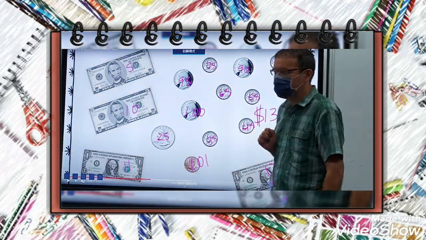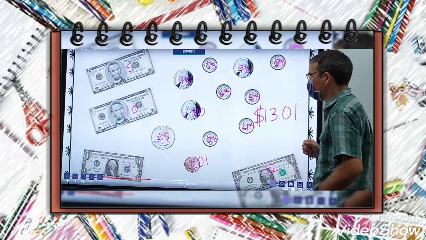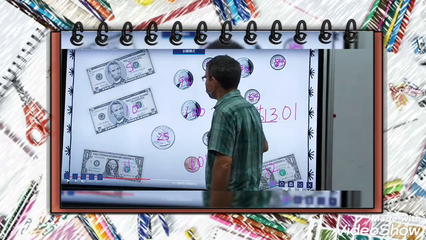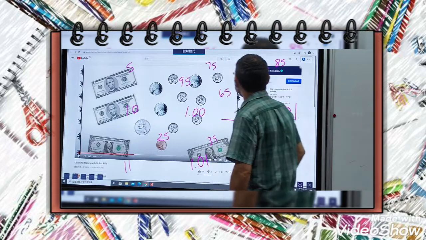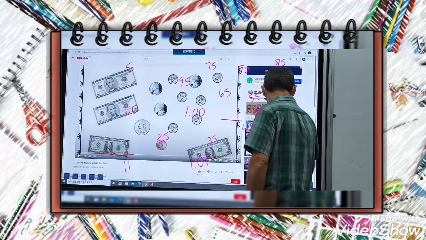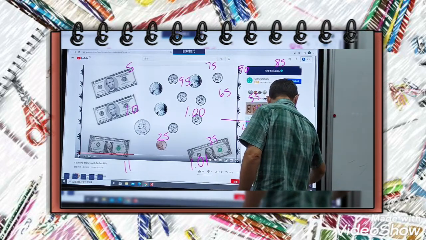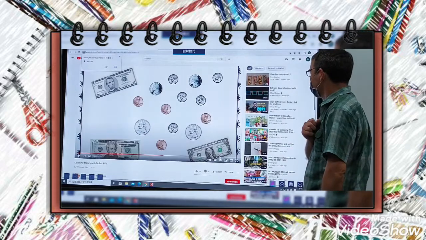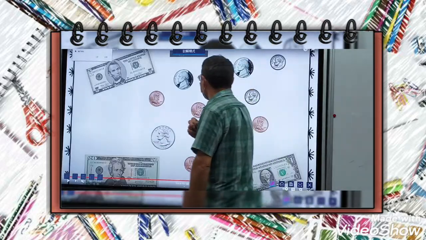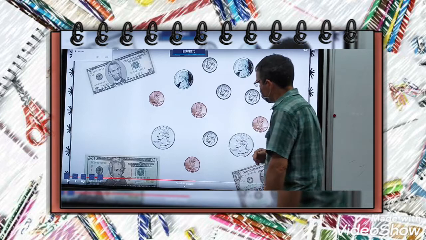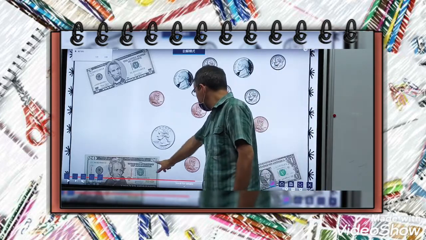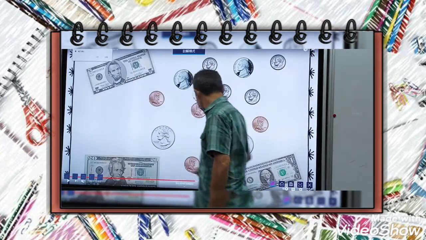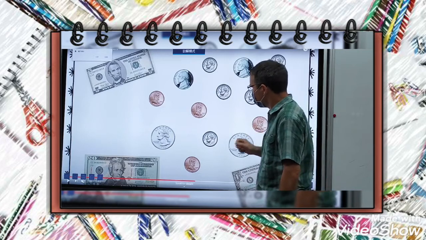Okay, let's do one more. Now we have a 20 and a 5 and a $1 bill. So let's do that first.